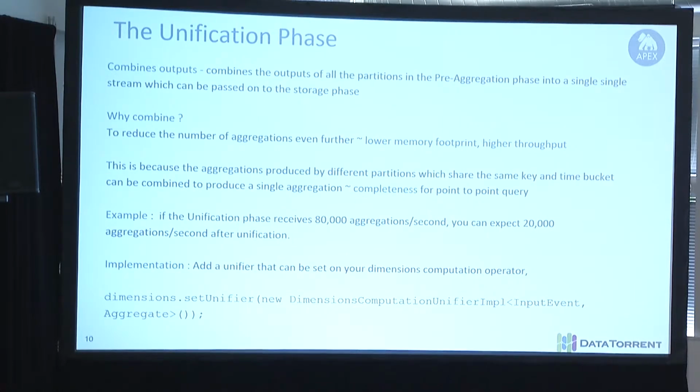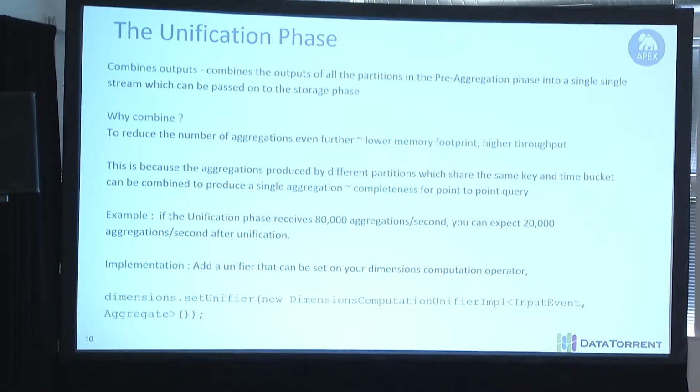Let's come to the unification phase now. The purpose of the unification phase is essentially to combine outputs. This phase combines the outputs of all the partitions that were previously aggregated in the pre-aggregation phase into a single stream, which can then be passed on to the next phase, which is the storage phase. Now, why do we really need to combine anything, right?